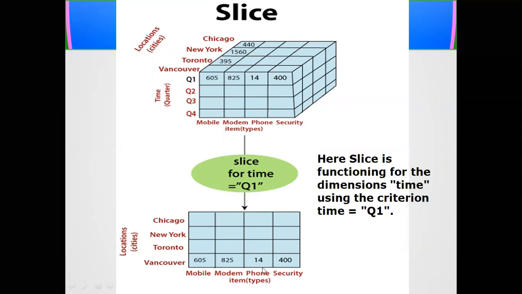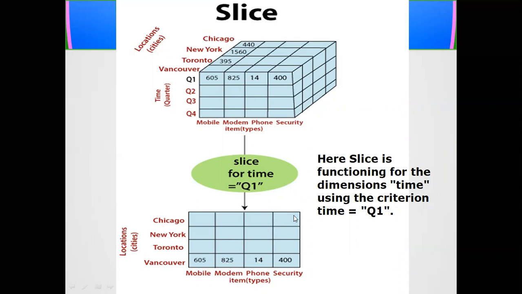So all these values of this cube will contain the aggregated data for quarter 1, meaning total sales for Chicago of quarter 1, total sales of New York for quarter 1, but for the mobile item, right? Similarly for the modem item, for phone item, security, city wise, right? But all these values will be for quarter 1 only.